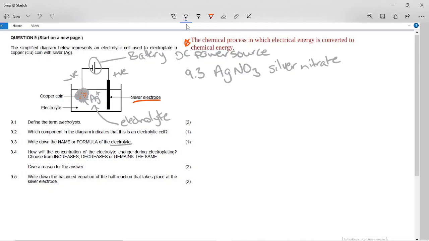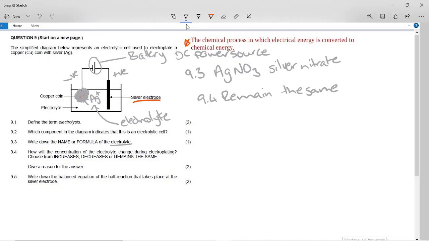Now it says, how will the concentration of the electrolyte change during electroplating? Choose from increase, decrease, or remain the same. It is going to remain the same. Why will it remain the same? You say to yourself, I am putting all of my little silver ions over to the copper coin and they are plating it. They are going out of solution. Surely my concentration of silver ions should decrease.